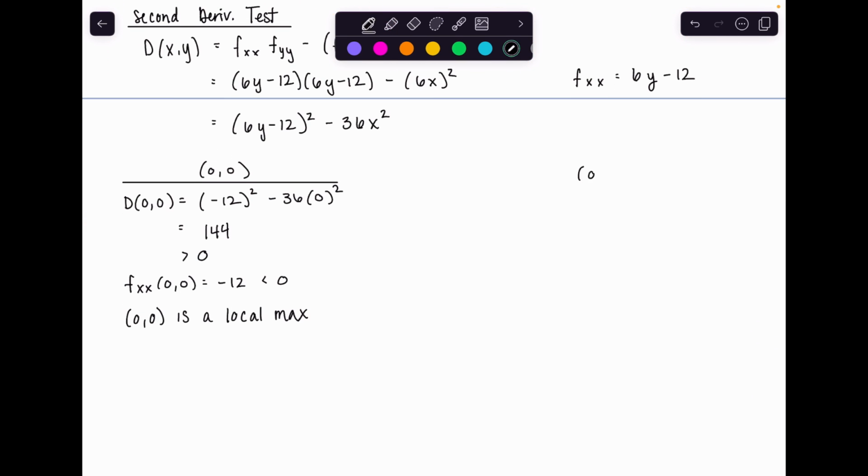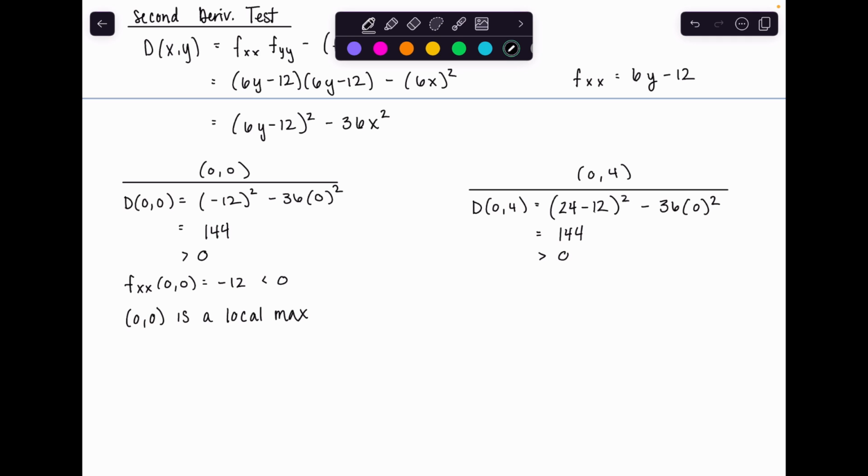Let's do the next one, which was (0, 4). Plugging this into D will give us 6 times 4, that's 24, minus 12 squared, and then minus 36 times 0 squared. So that gives us positive 12 squared, which is 144.